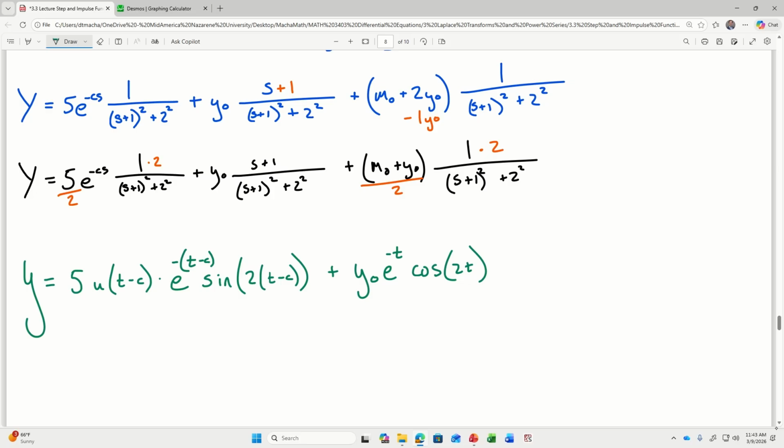And then I also have to add m0 plus y0 divided by 2 times e to the negative t times sine of 2t.